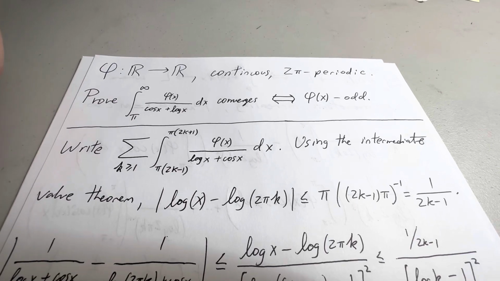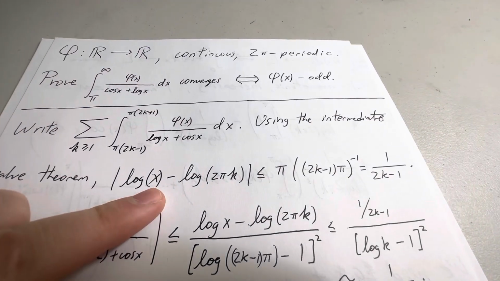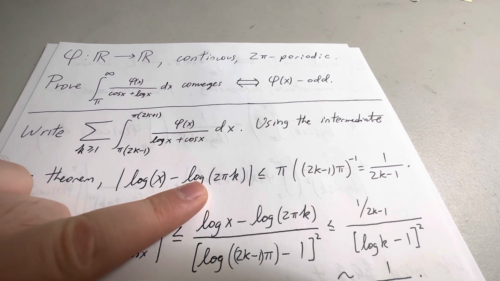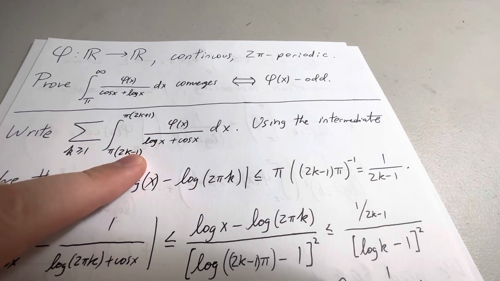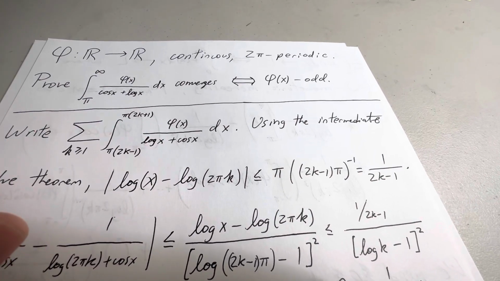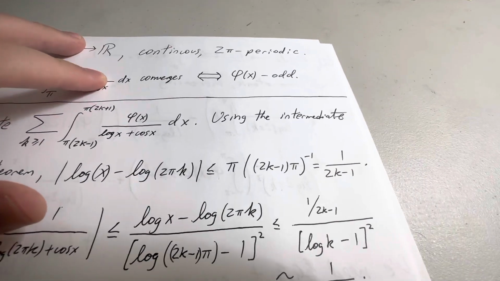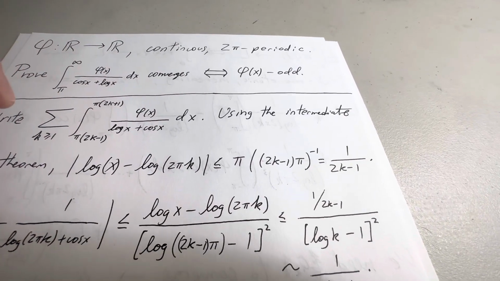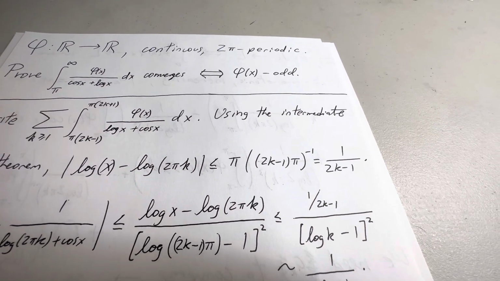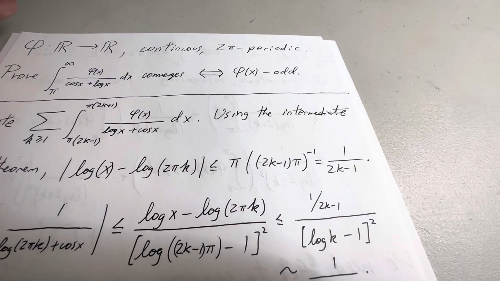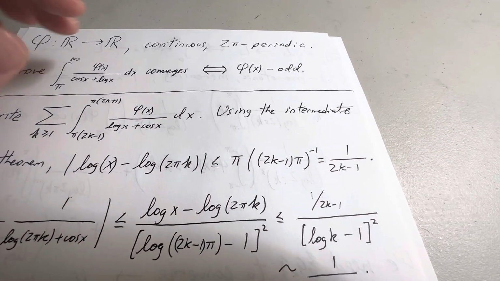And then we want to apply the intermediate value theorem, which says that the difference between log x and log of 2pi k, and the reason that we choose 2pi k is because it's the halfway point between the upper and lower limits, is less than or equal to pi times the derivative of the logarithm evaluated at the lower point we can choose, which is 1 over that point. So the pi's cancel, and then we're left with 1 over 2k minus 1.